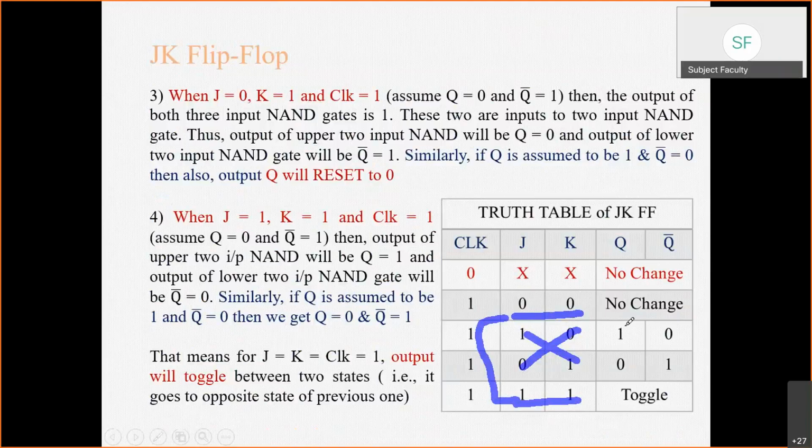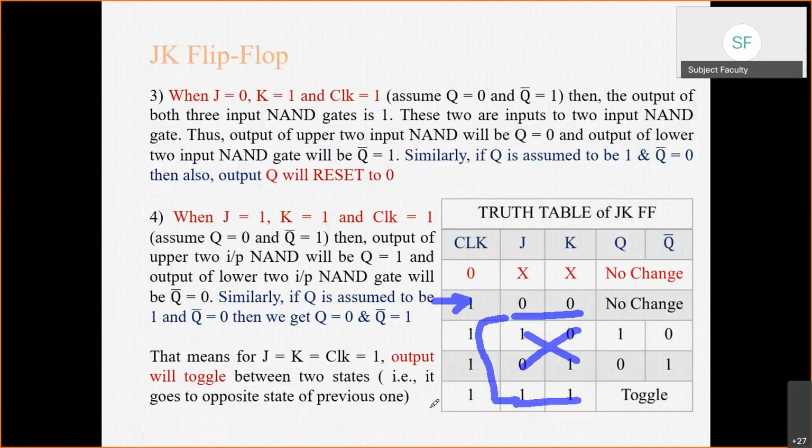So you can clearly state from here that whenever the value of T is 0, JK will be equal to 0, because T is nothing but what we have done: we have connected J and K, and one common terminal is taken out, which we have termed T. So whenever T equals 0, we are discussing this particular case, that means your output will be no change.